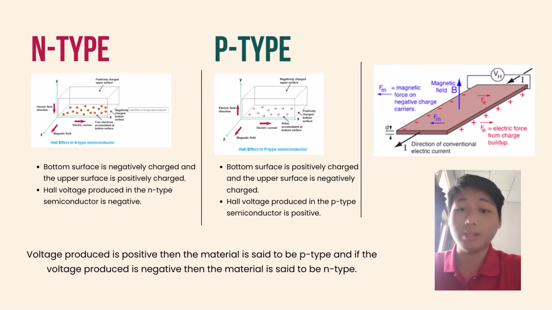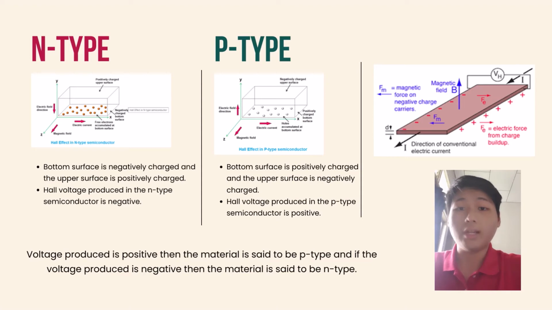So the P-type semiconductor will have a positive charge at the bottom surface and a negative charge at the upper surface. As a result, a potential difference is developed between the upper and bottom surface, resulting in a Hall voltage which is positive.